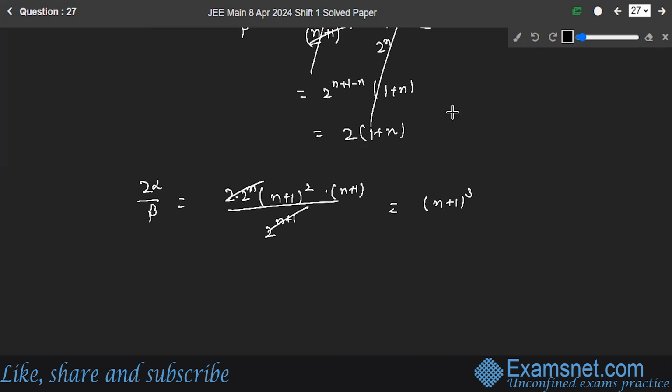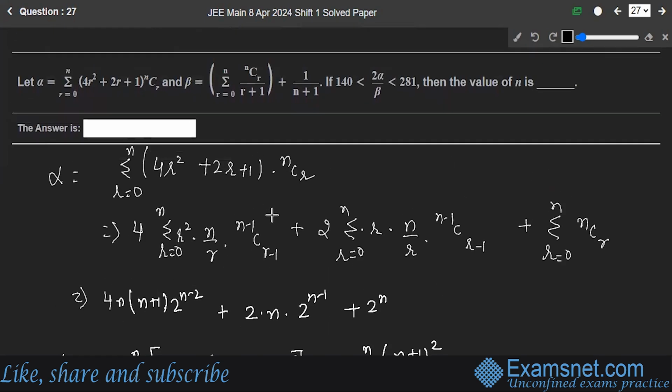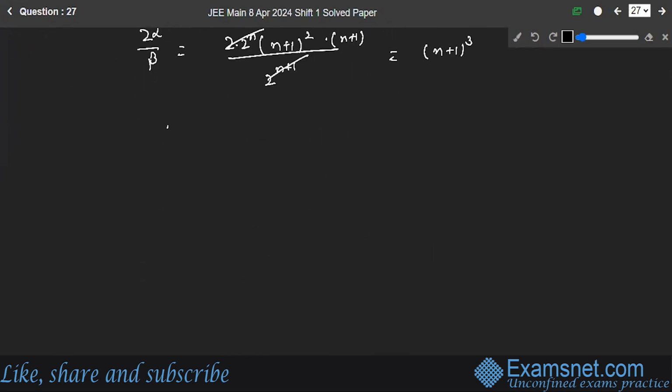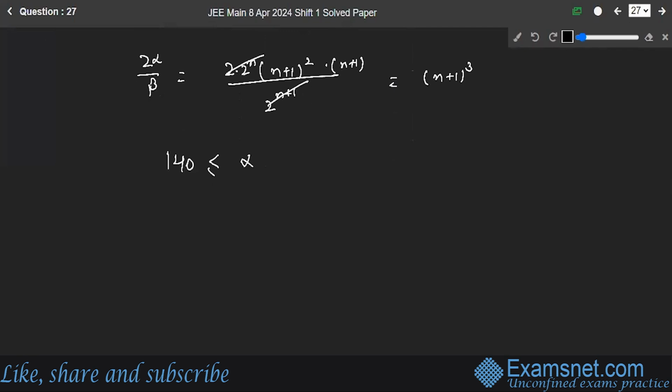Now, in the question, what you are asked is that 2 alpha upon beta lies between 140 and 281, so (n plus 1) whole cube lies between 140 and 281.